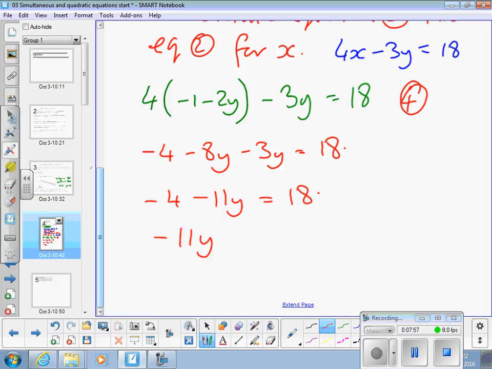Minus 11y is equal to 22. So y is equal to 22 over minus 11, which is minus 2. So y is equal to minus 2.